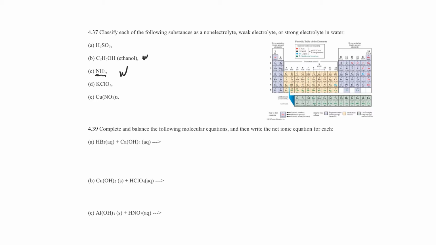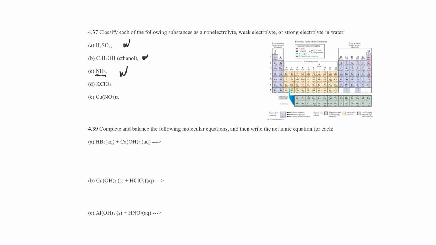Okay, so let's look. H2SO4 is sulfuric. This is sulfurous acid, so it must be weak. Those are the only ones with H's. So the only acid that I have here is a weak acid, and so weak acid makes a weak electrolyte.